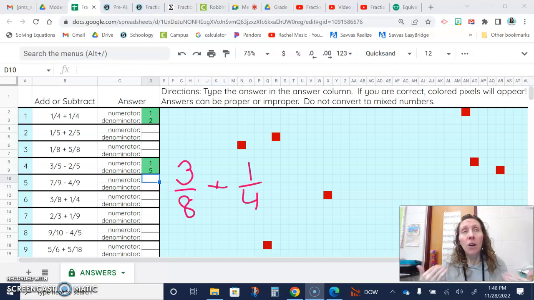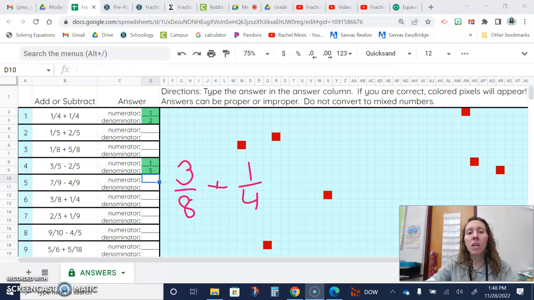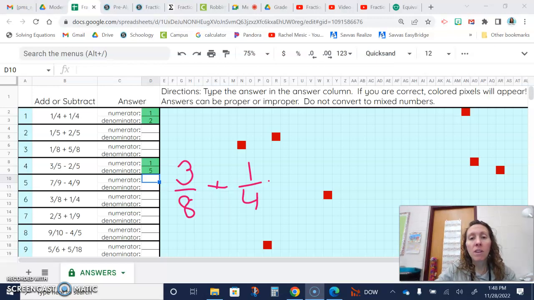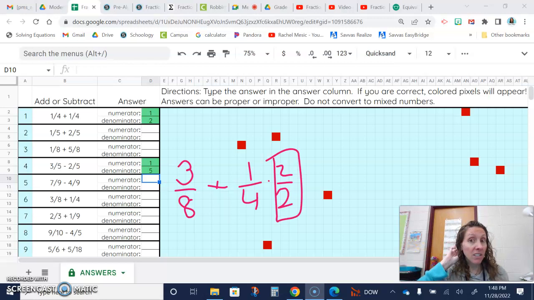Okay, so we could take that 4 and we could times it by something to make it an 8. We could times it by 2. So I'm going to multiply 1/4 times 2 over 2. So technically 2 over 2 is the number 1. So we're timesing it by 1. So it's still the same. It's just going to look a little bit different.